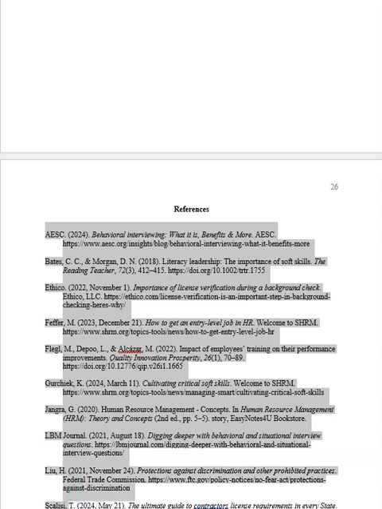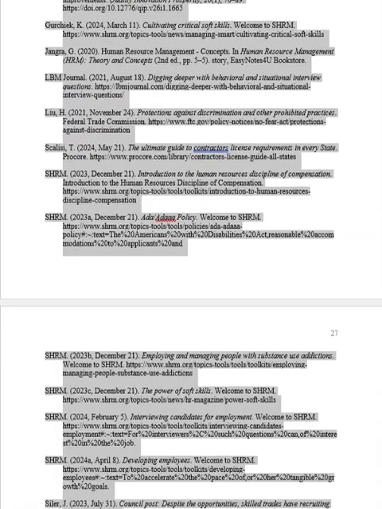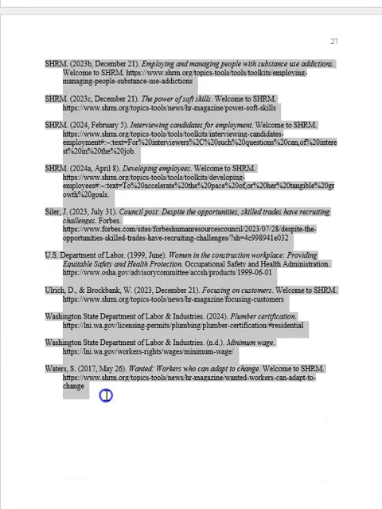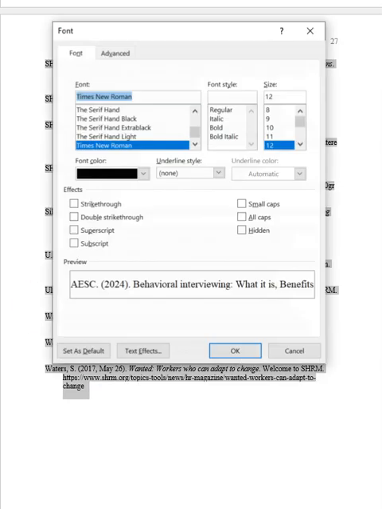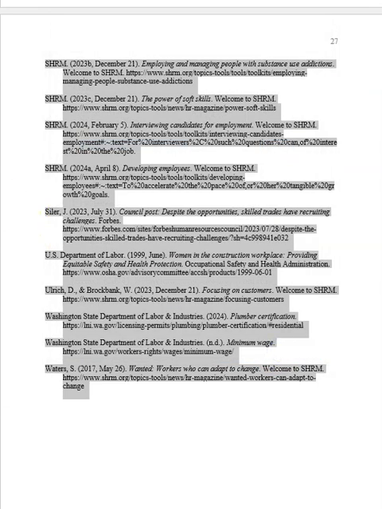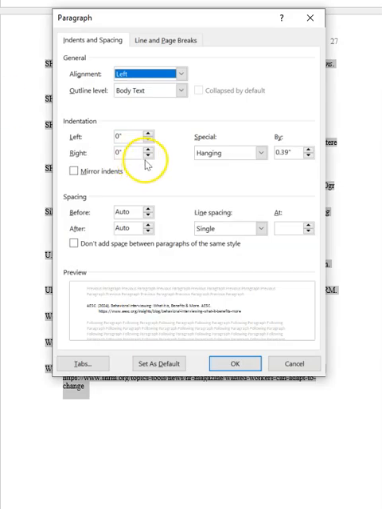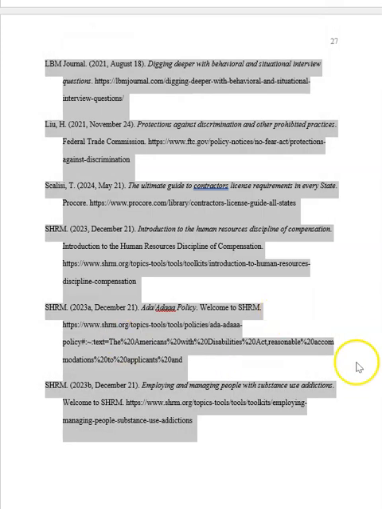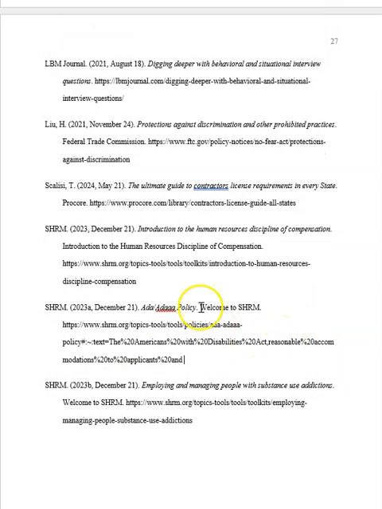See how they are left justified, but your references should be double spaced and left indented. I am trying to figure out how to do double space. So paragraph maybe, line spacing, double. So I've highlighted. Now you can see.